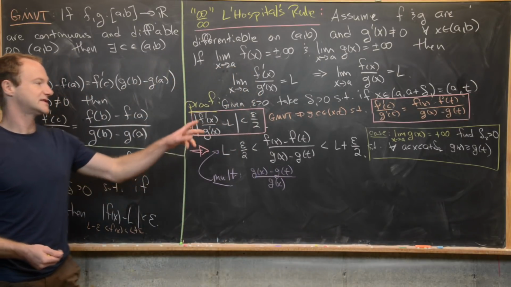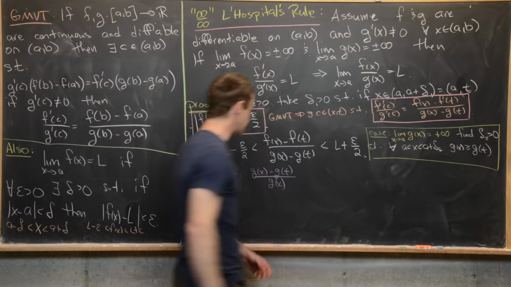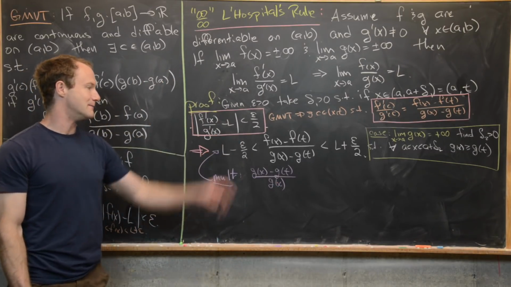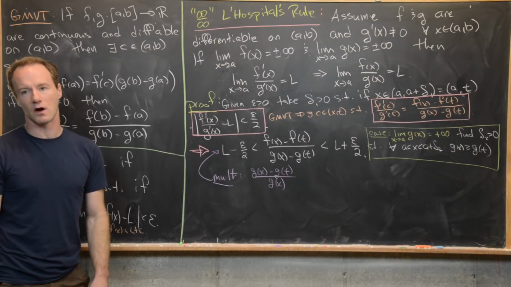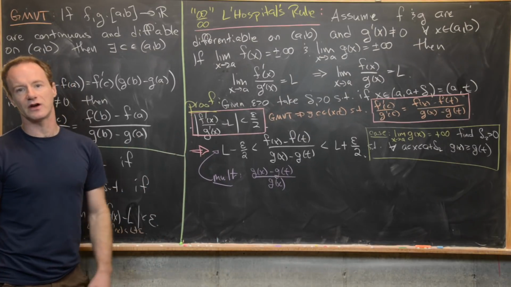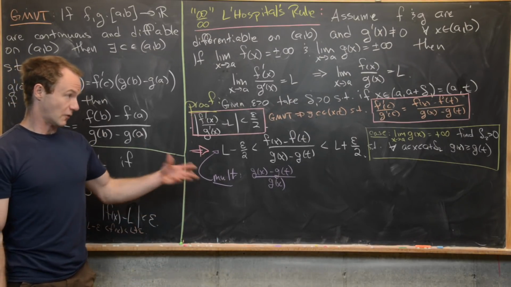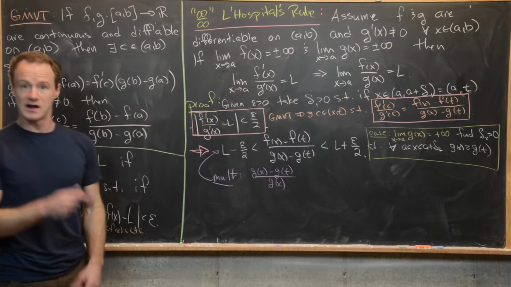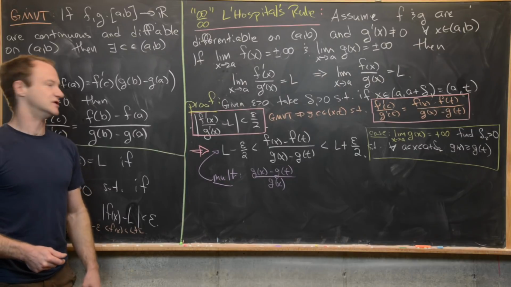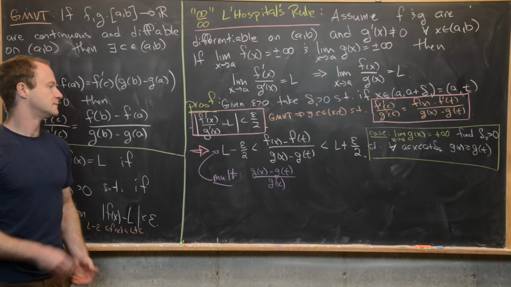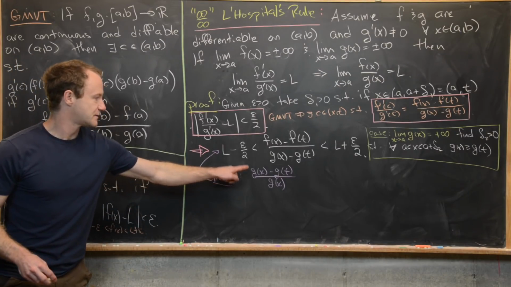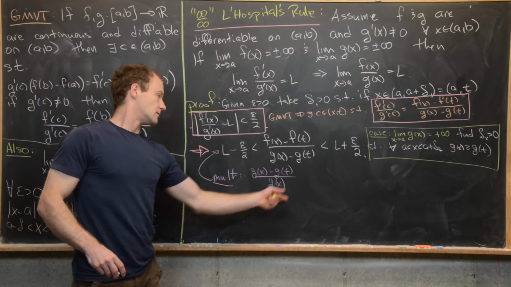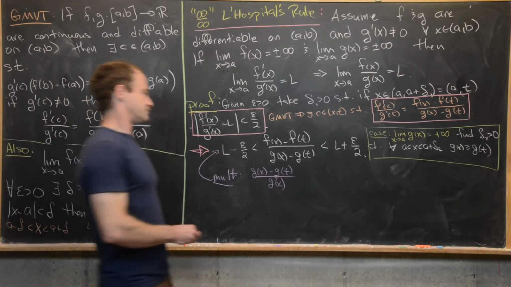It was important to have this g of x is bigger than g of t so that this fraction was positive and so that we maintained the order of the inequality here. So again, I'll let you guys write the details down for what happens if g of x is approaching minus infinity, but a small tweak will get you to the same point. Okay, so anyway, we're going to multiply this inequality by this object, and let's see what we get.